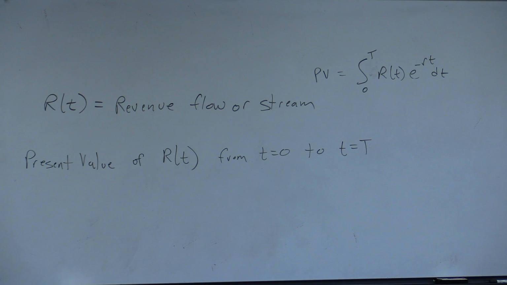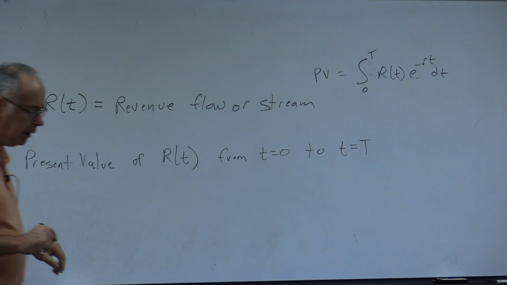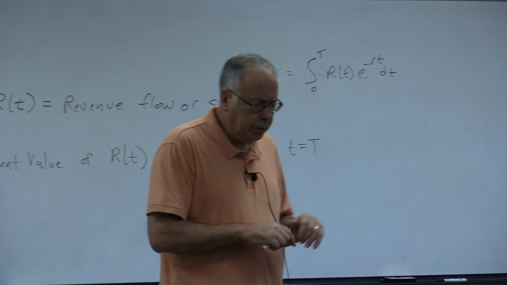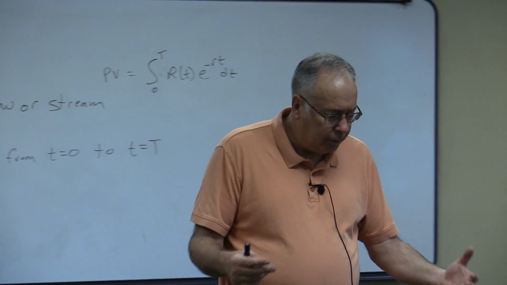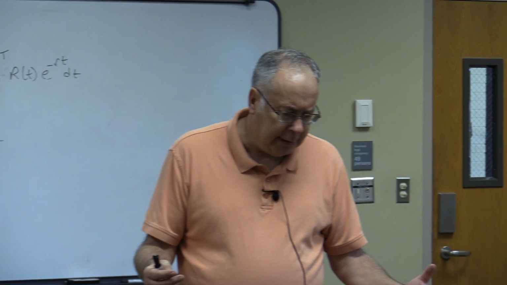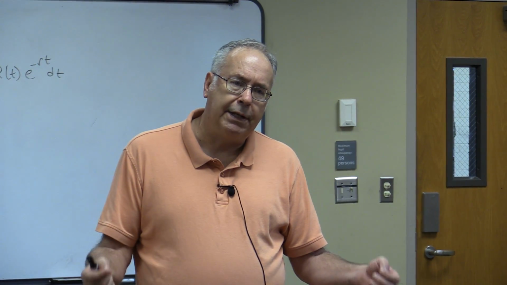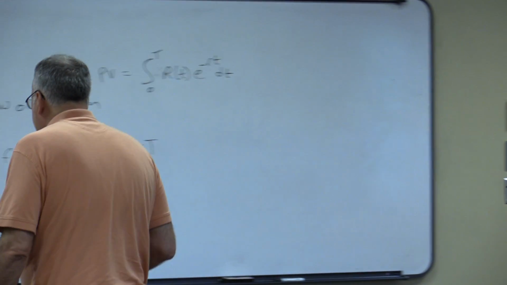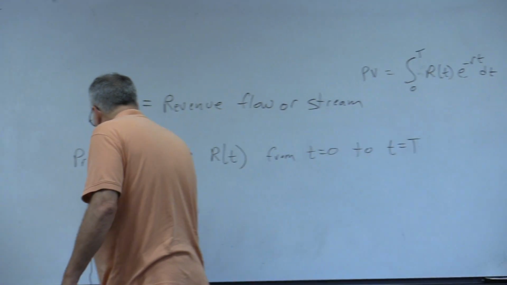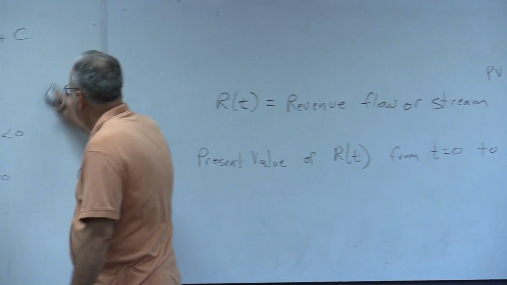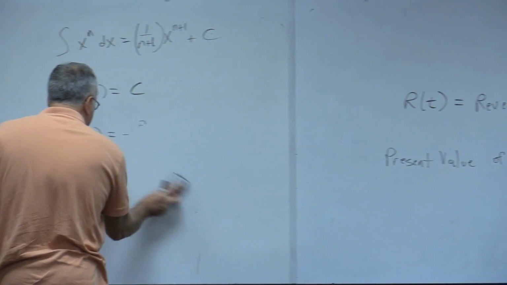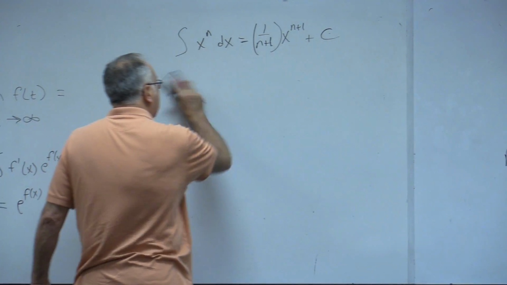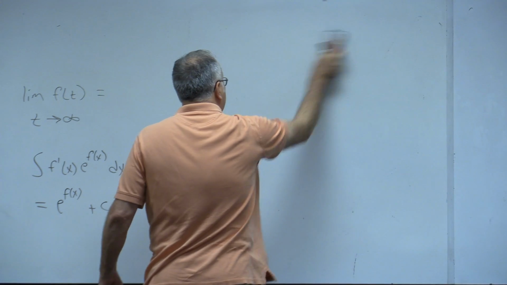Okay. There's actually a very neat formula you should remember or memorize if the revenue stream is constant over time. Suppose R of t is a constant revenue stream over time. For example, it could be $12,000 per year, but it's constant over time.